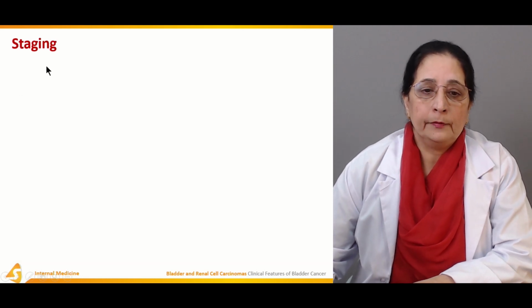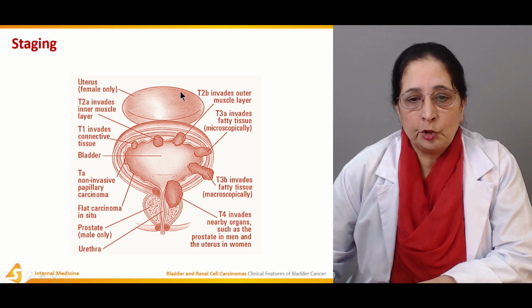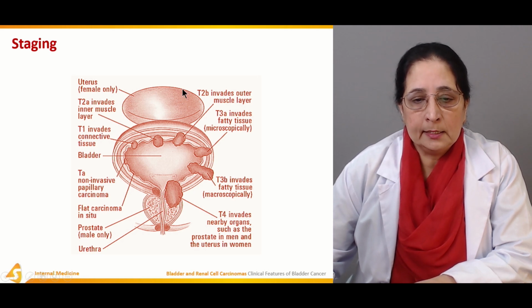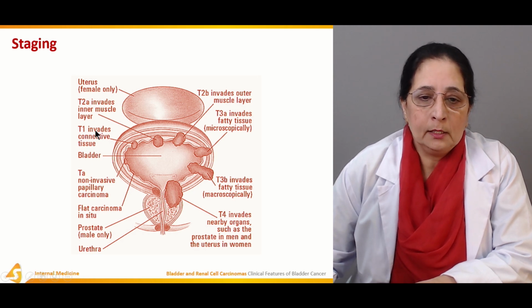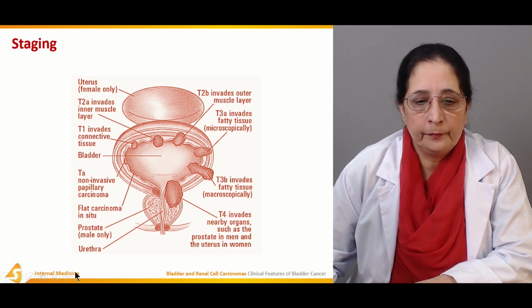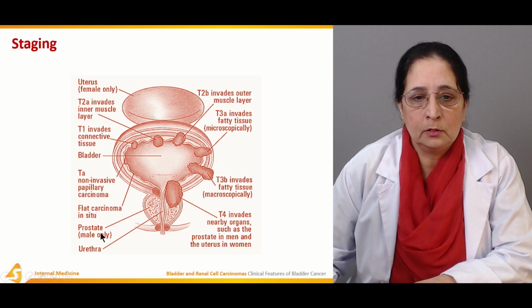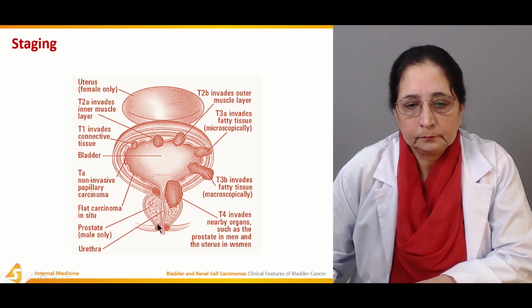The staging of bladder cancer. This is the uterus in the females on the back. Then we have T2, different types of staging. We can start from here, just go from here upwards. This is the urethra.